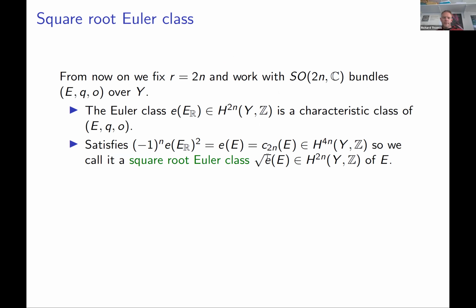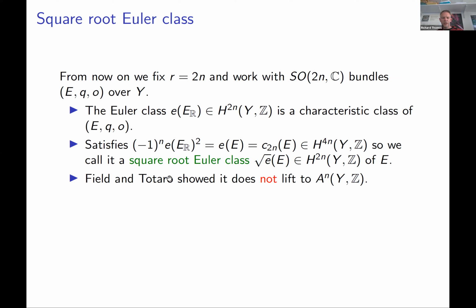Okay, so we have this cohomology class, which is naturally associated to our complex quadratic oriented bundle. We call it a square root Euler class because of this relation. And we can ask, does it lift to Chow? Can we define it in algebraic geometry instead of using topology?